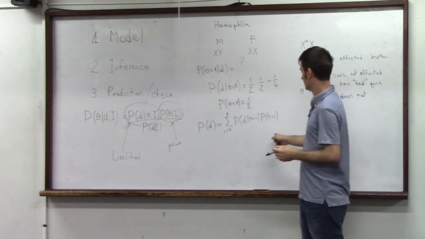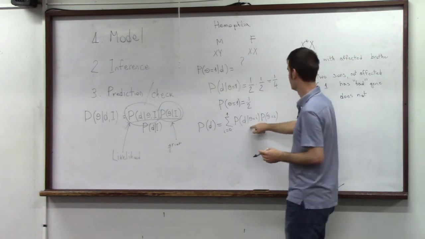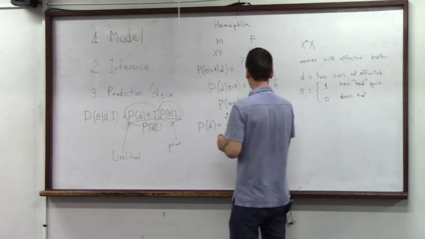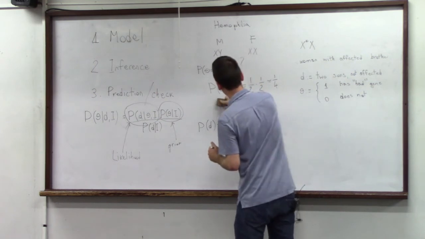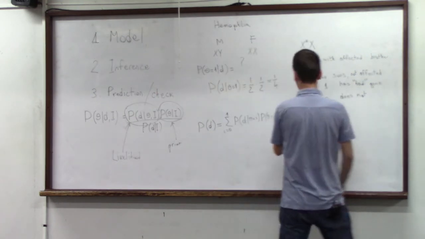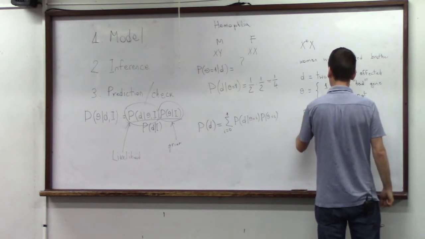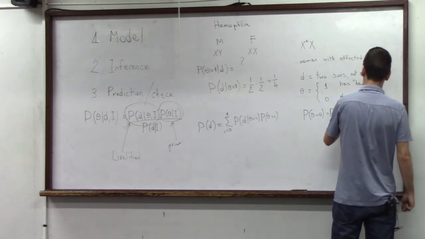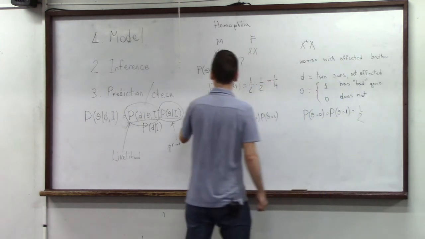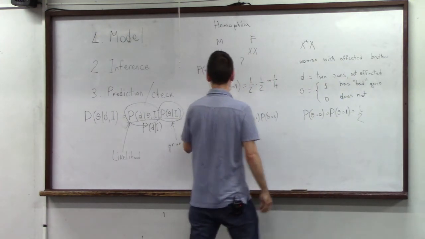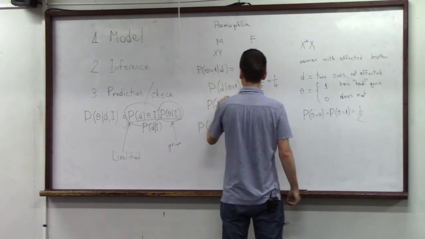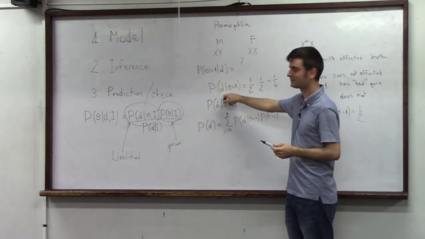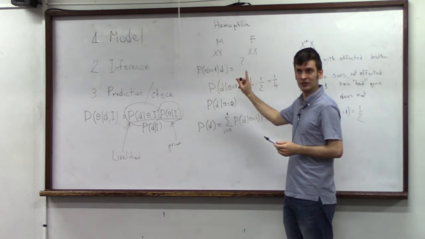So you see that now I need to compute one more term, one more likelihood term. So, sorry, let me move this down here. Earlier we calculated what's the probability of having 2 healthy sons given that she carries the gene.